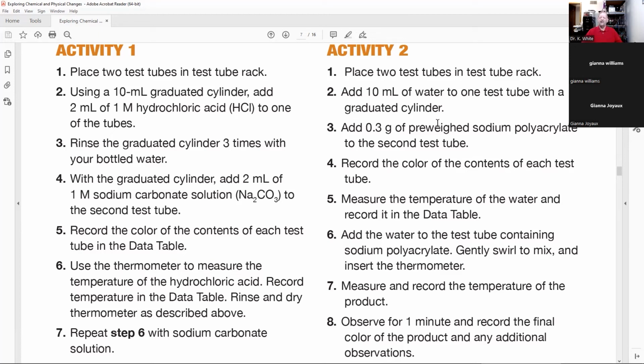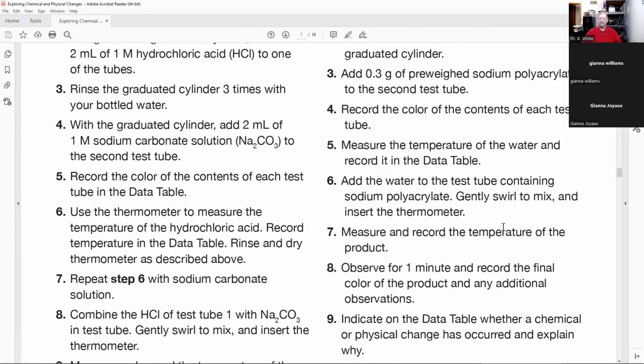In the second test tube, put the second test tube in a little beaker. You should have a plastic one or cup, tare it, and then weigh in about 0.3 grams of the sodium polyacrylate, otherwise known as SAP, and you'll follow the directions.